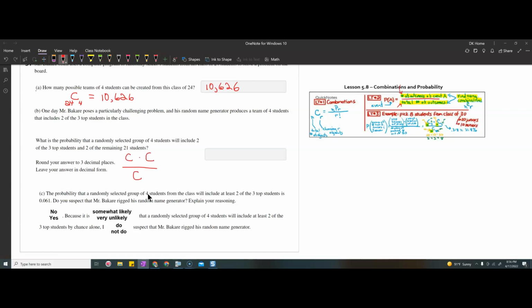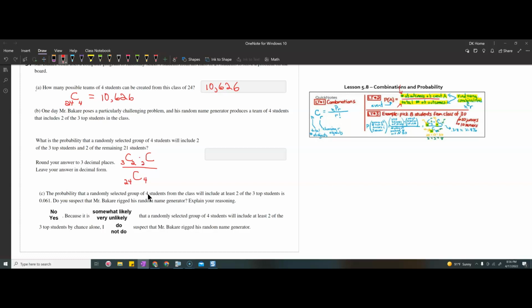All right, so our denominator is how many different ways you can pick groups of 4 out of 24, right? Then we want to know how many different ways can I choose 2 of the top 3 students. So there's 3 top students. How many different ways can I choose 2 of them? And then 2 of the remaining 21 students.